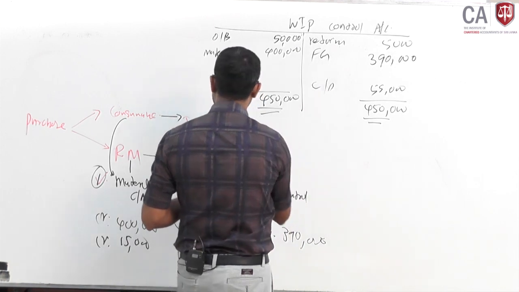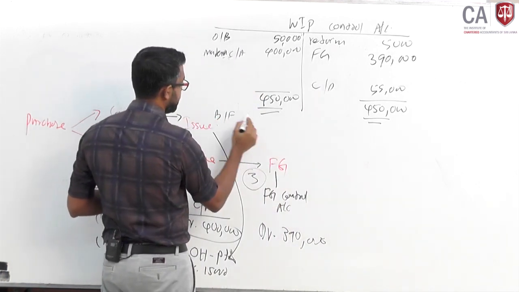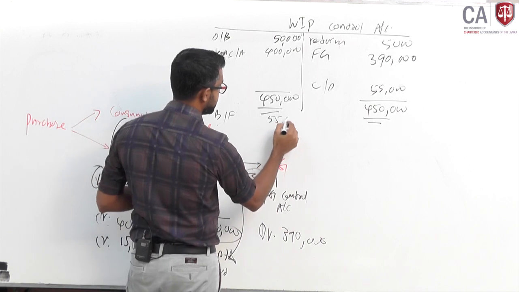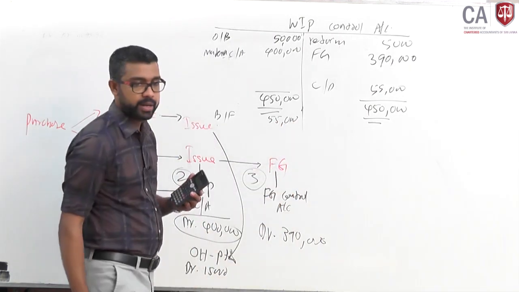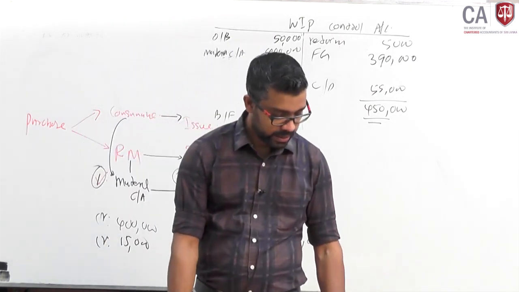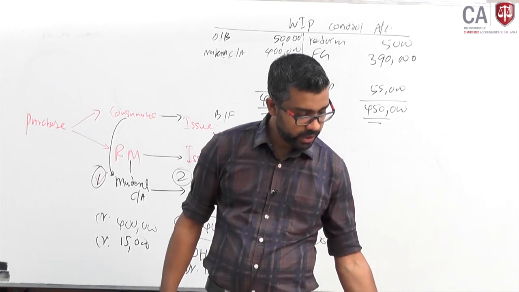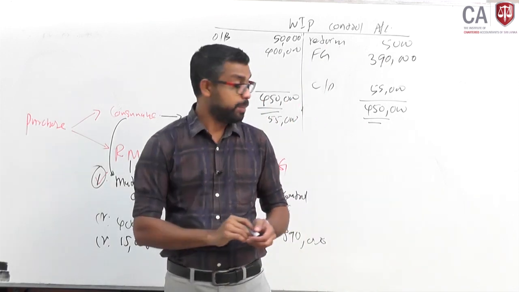Carried down value, brought forward 55,000. Right? 55,000. That's the correct answer. That is WIP control account.